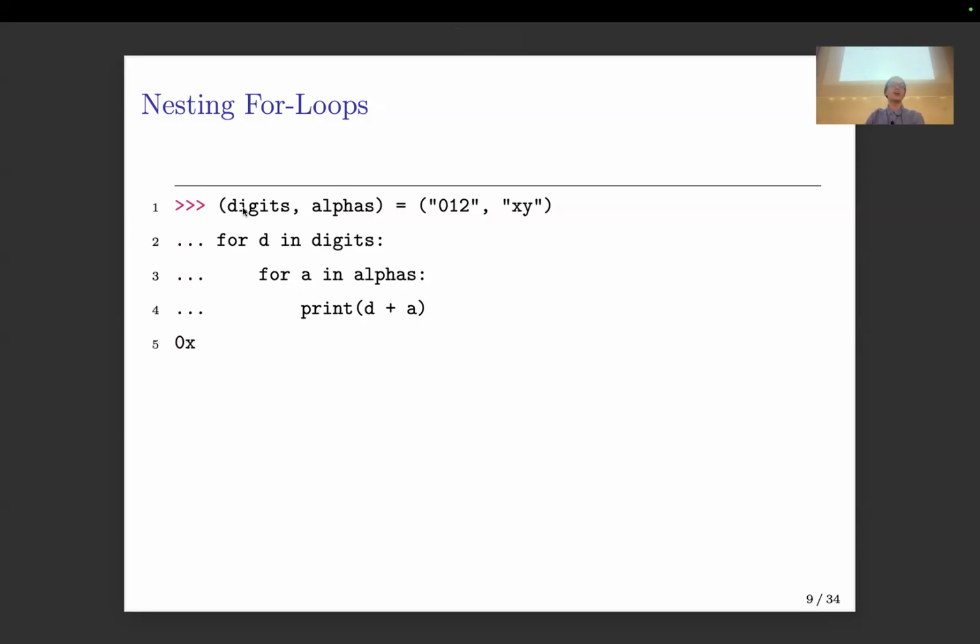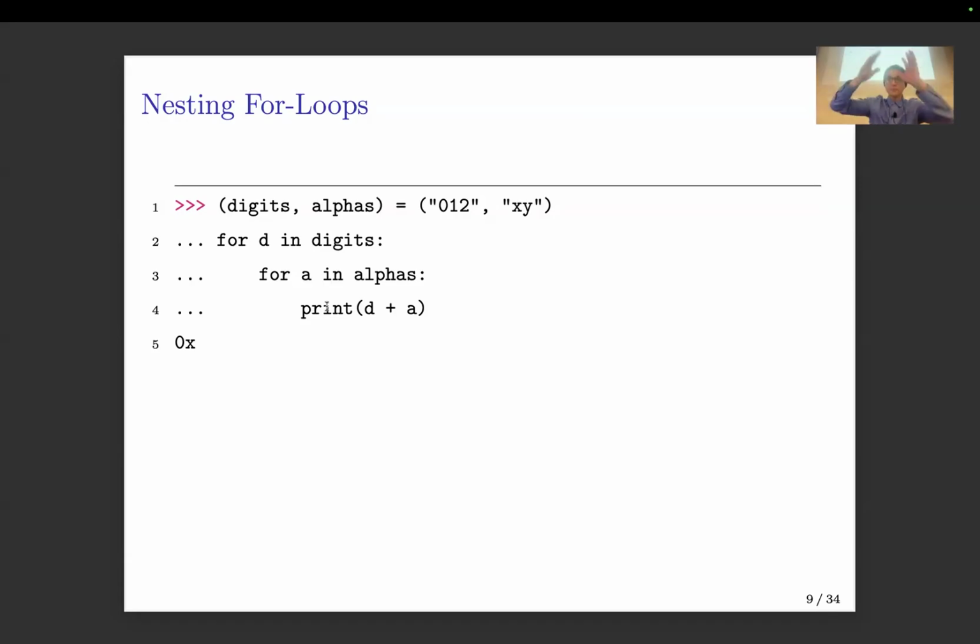0x, right? So let's just walk through this as Python walks through it. Python's going to look at line 1. It's going to say, oh, into a variable called digits and a variable called alpha, I need to respectively assign the values 0, 1, 2 and xy. At line 2, Python says, I need to assign to a variable D the first member of the thing I'm iterating through, which is 0.